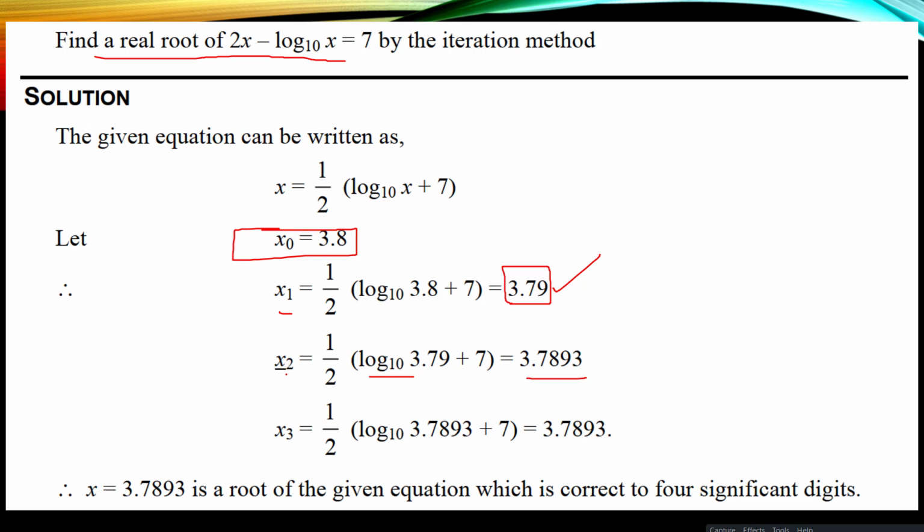So the x2 and x3 values are more or less the same. So we are converging the iteration with this x3, and the root of this equation is reported as x is equal to 3.7893.